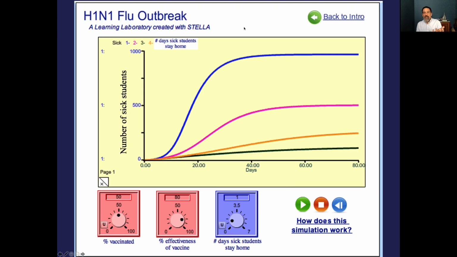But if you tweak the valves in that scenario, you can explore the effect of different scenarios, such as requiring that sick students stay home for longer periods of time, or by increasing the vaccination rates. And you can see with progressively more intense control measures, the number of sick students over time becomes much less.